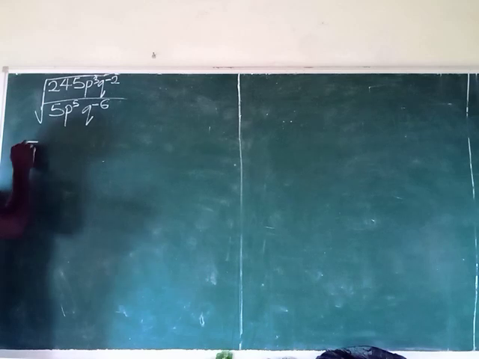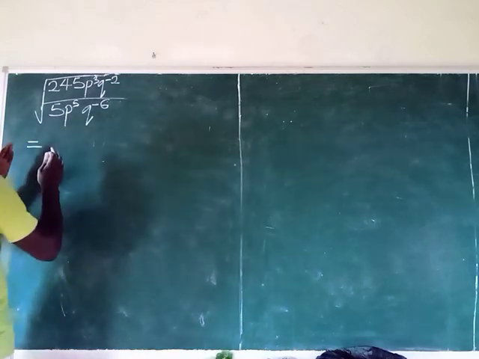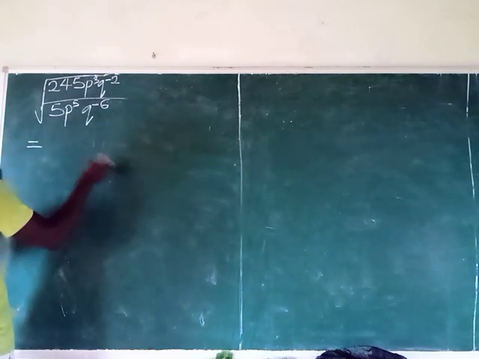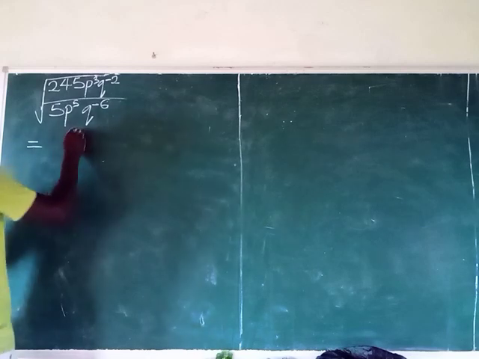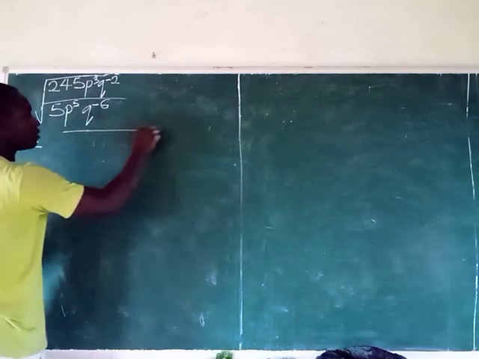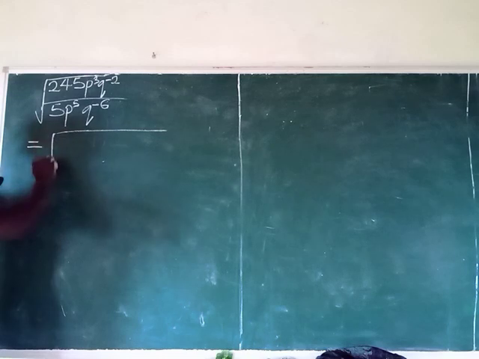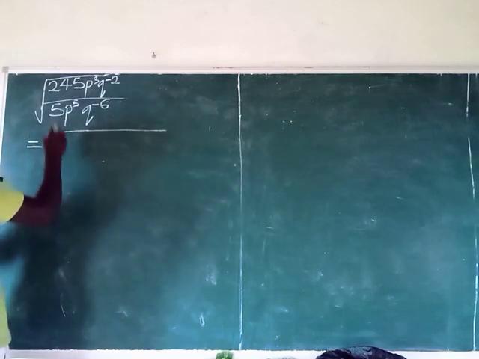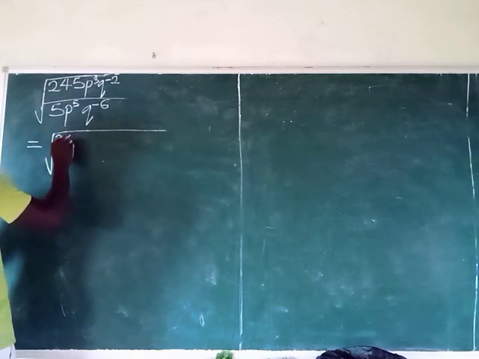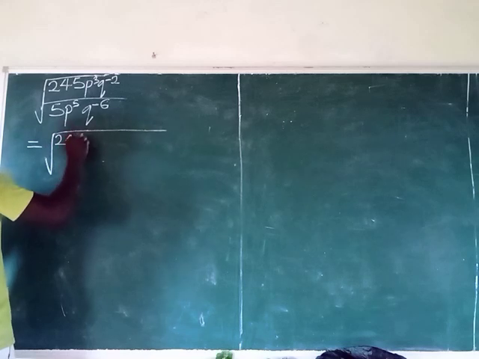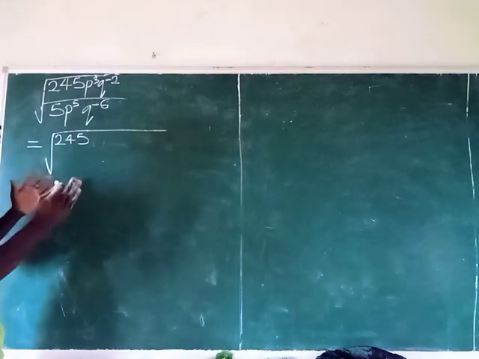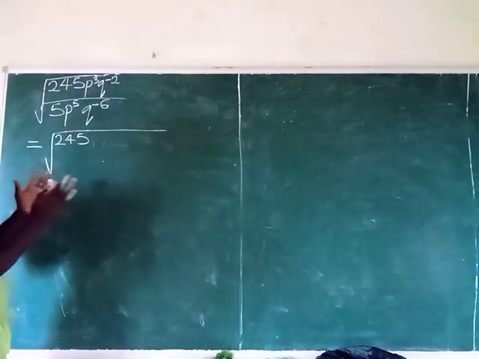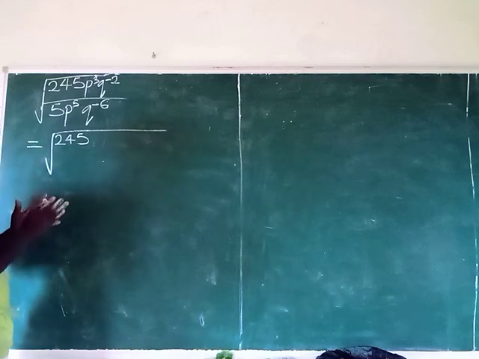So watch, this is equal to, now let's space it out. This is the square root of, now this is 245. Now let's take all the like terms together.